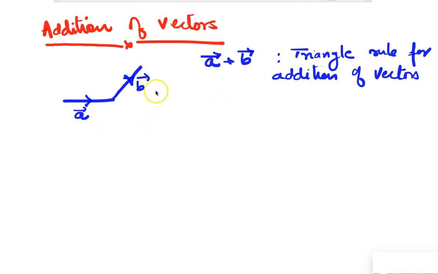What it says is that if you have a vector A and a vector B, and if there is a vector C, which is a third side of a triangle, then C vector is nothing but A vector plus B vector.